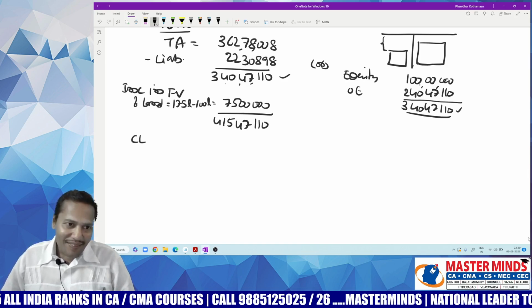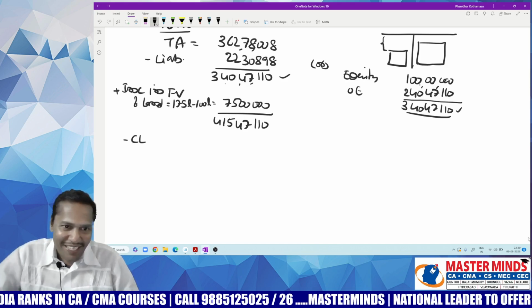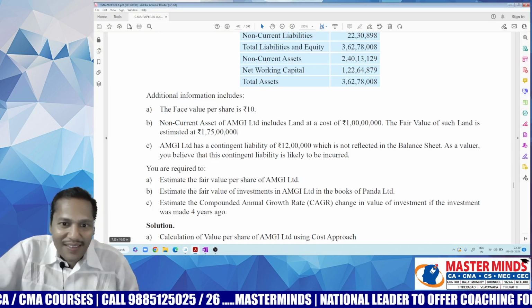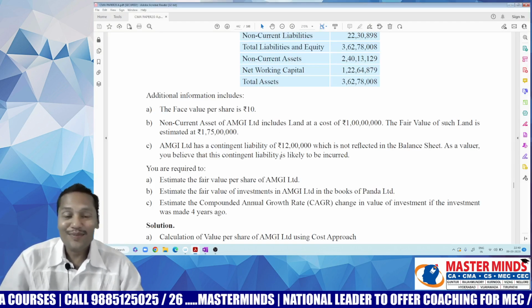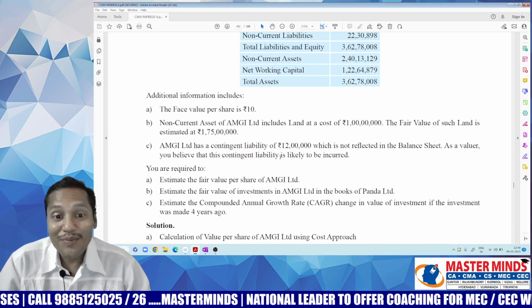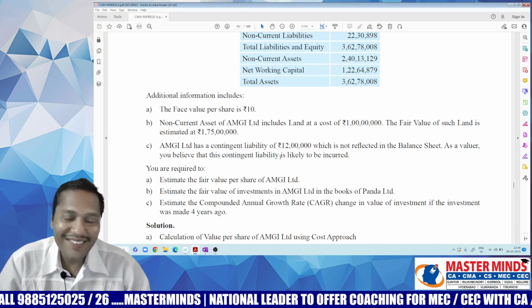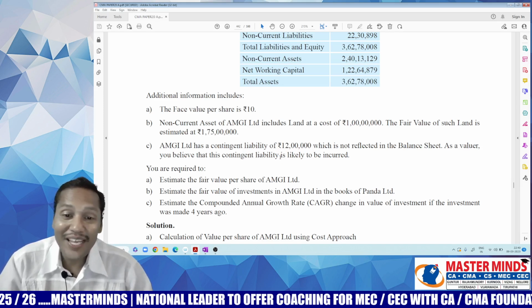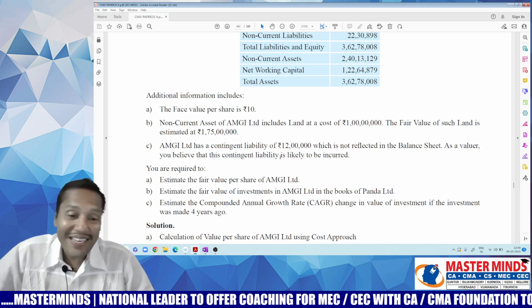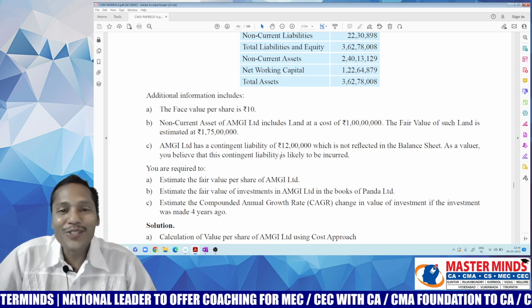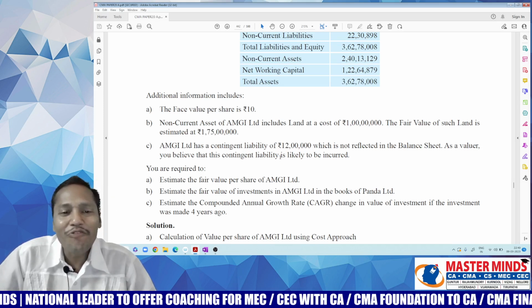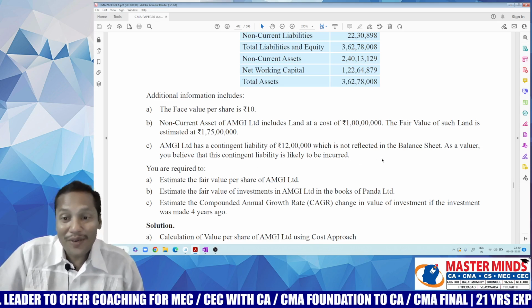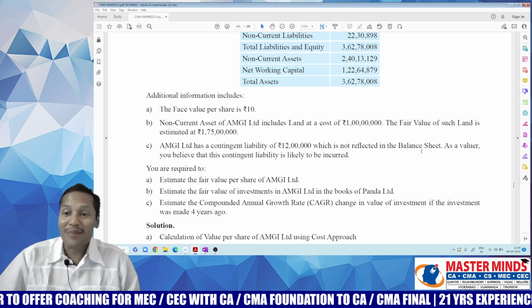And there is a contingent liability of 12 lakhs. Contingent liability means which may or may not arise. If an unforeseen event happens, then only it will arise. Normally, it is not considered part of the financial statements; we present it only as a footnote to the balance sheet. But this 12 lakhs contingent liability is not reflected in the balance sheet.